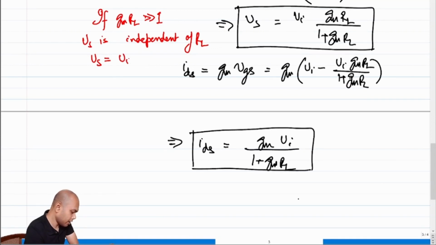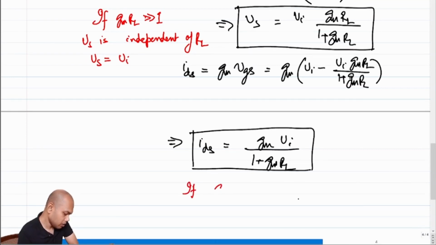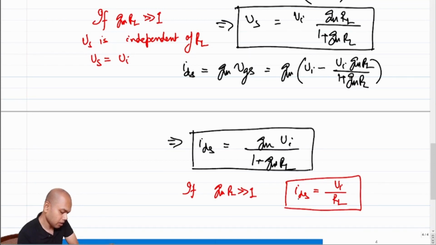So this was acting as a voltage buffer, right? So if we use the same constraint here, if GmRL is much greater than 1, what do we get? IDS becomes GmVi by GmRL, which is Vi over RL, right? So this seems to be a very simplistic result, right?